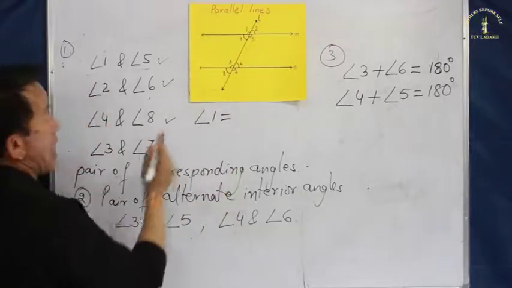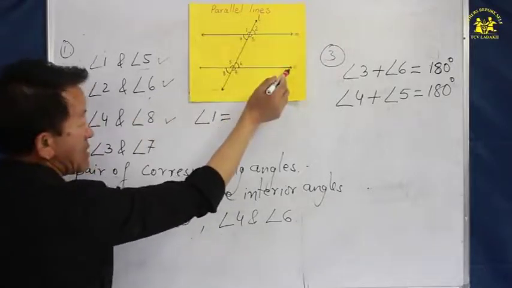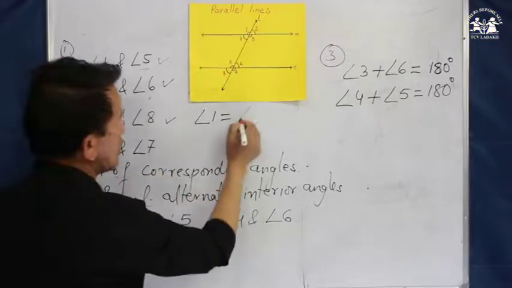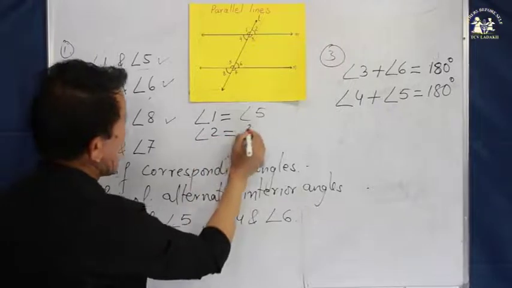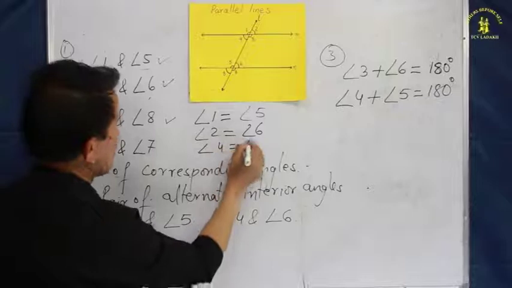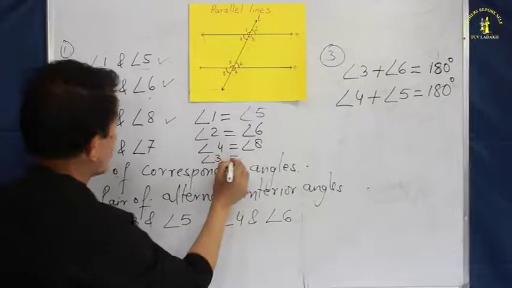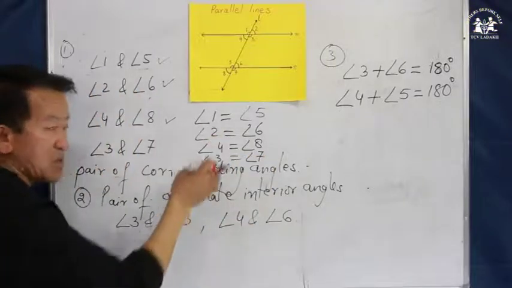If line M is parallel to N, then angle 1 is equal to angle 5, angle 2 is equal to angle 6, angle 4 is equal to angle 8, and angle 3 is equal to angle 7. So this is the first result.